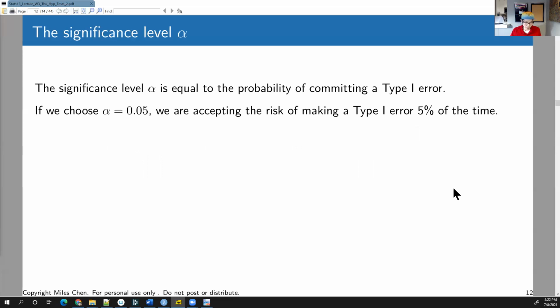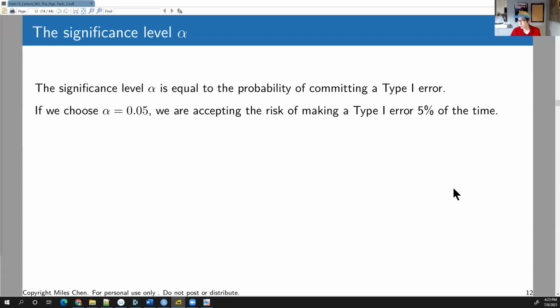And so, we say, okay, well, we want to avoid these types of errors, right? And how can we do that? Well, the significance level that we choose, the alpha that we choose, is equal to the probability of committing a type 1 error. So if we choose alpha equal to 5%, then we are saying I am willing to make a type 1 error 5% of the time, with a risk of 5%.